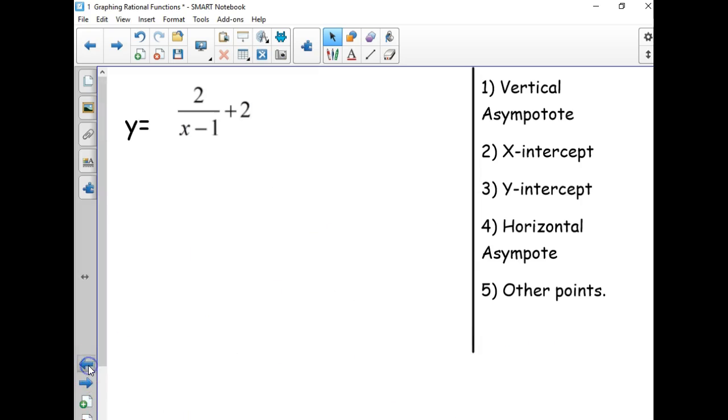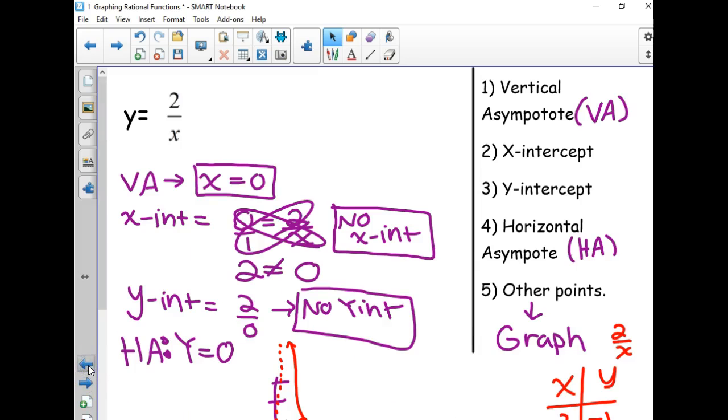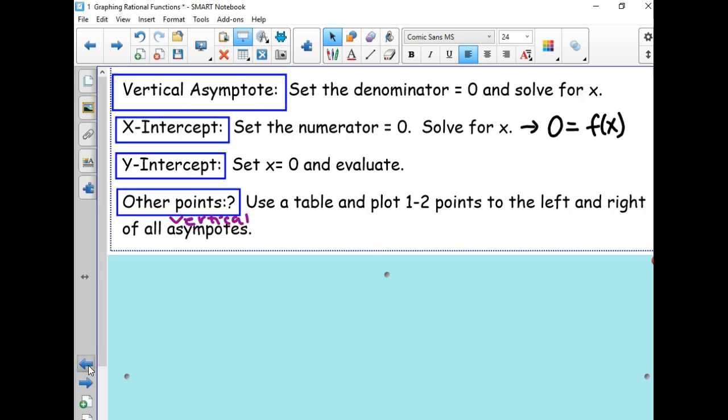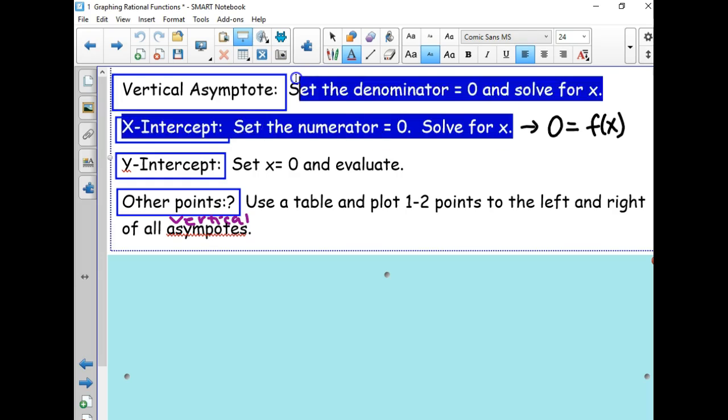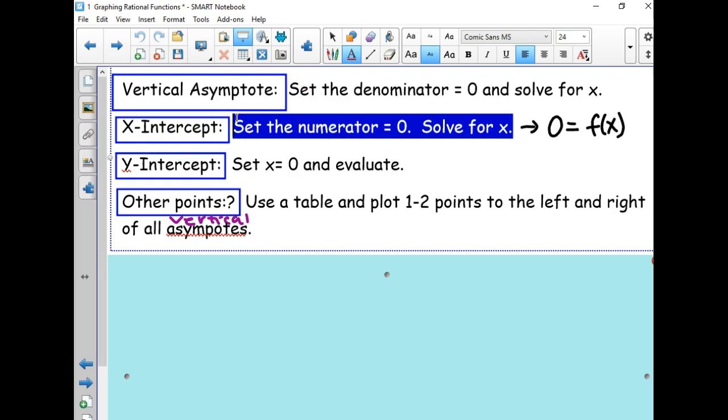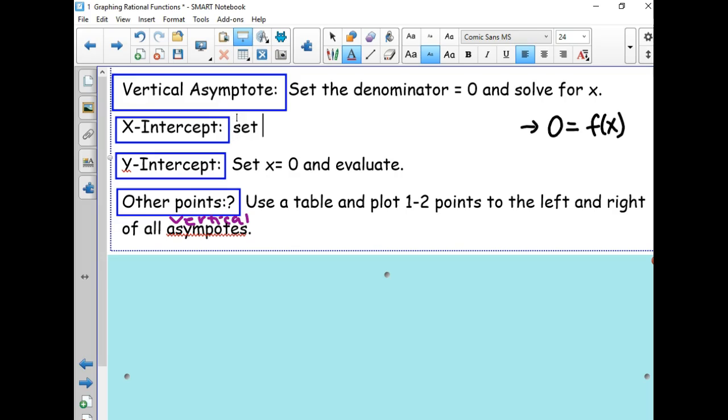You can usually set the numerator equal to 0, and it will be okay, unless there's a constant out there. And when there's a constant out there, essentially what we're doing every time is setting y equal to 0 and solving for x. Okay? Setting y equal to 0 and solving for x.